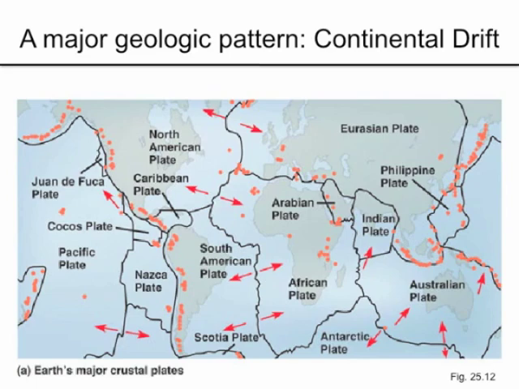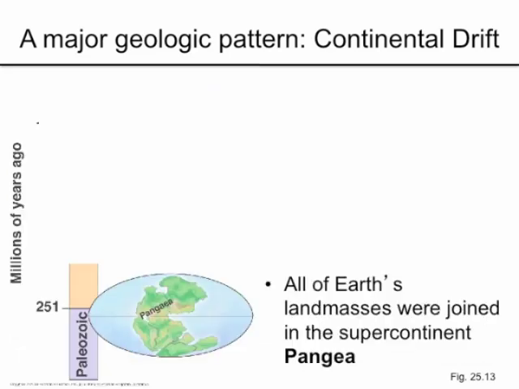So these plates have moved over millions of years. About 251 million years ago, all of Earth's land masses were rotated and squished together into a supercontinent called Pangaea. So 251 million years ago, there was no separation between the continents.